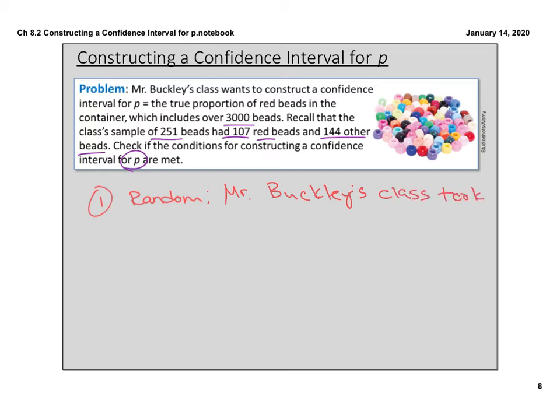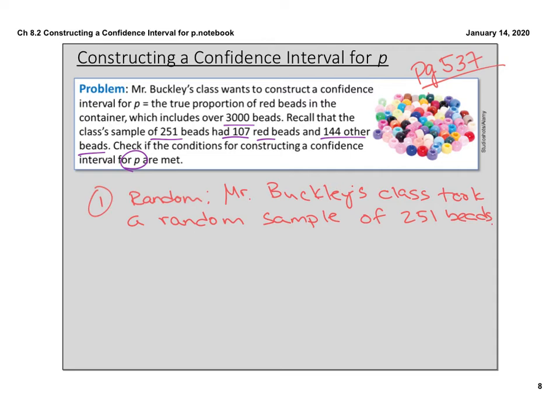If you want to look back at where this example came from, in your book, they talk about this back in section 8.1 on page 537. They talk about Mr. Buckley's class there in the beads example and the 251 beads that they pulled. So, random sample. Mr. Buckley's class took a random sample of 251 beads. Good, check. First condition is met.